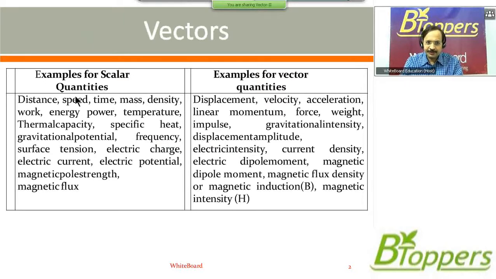There are some terms which look similar in meaning at the elementary level, but one of them is a scalar and the other is a vector. Distance is a scalar quantity. Displacement is a vector quantity. Speed is a scalar quantity. Velocity is a vector quantity. Of course, these terms will be discussed again in kinematics. Time is a scalar quantity.